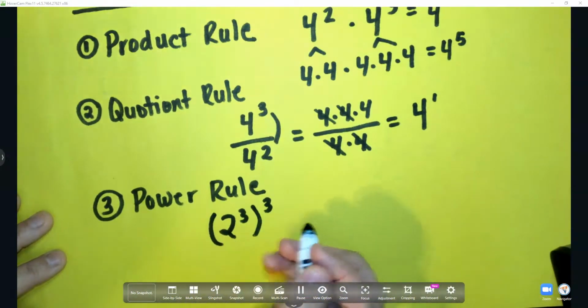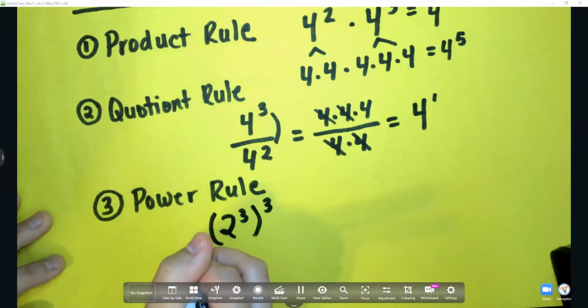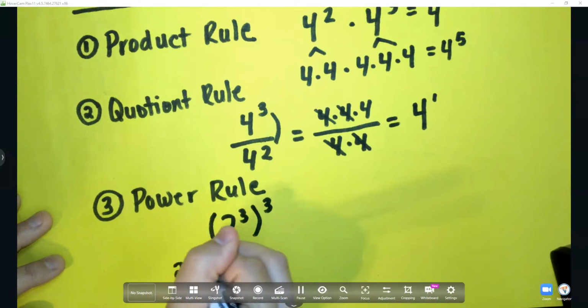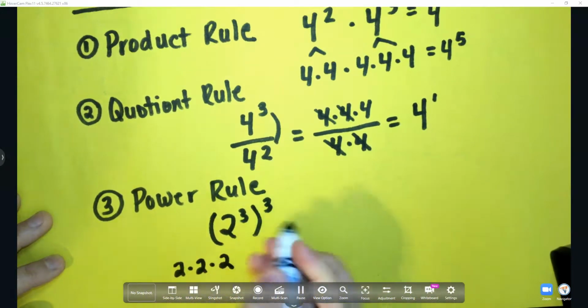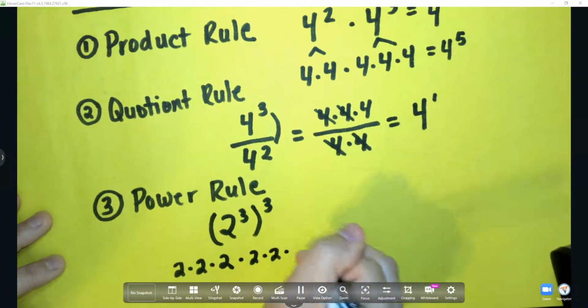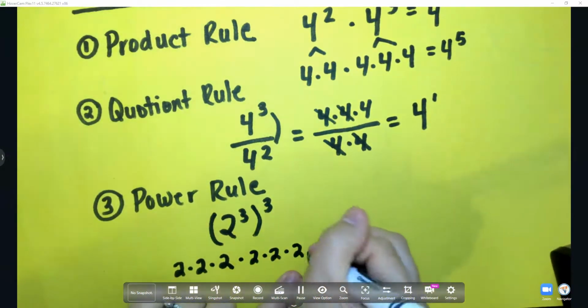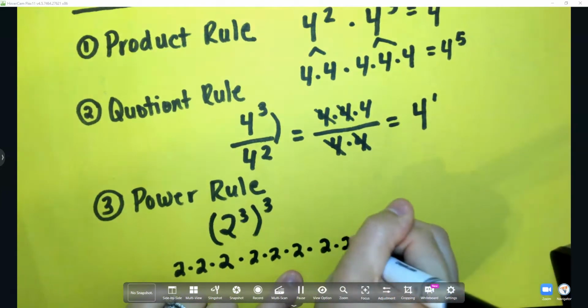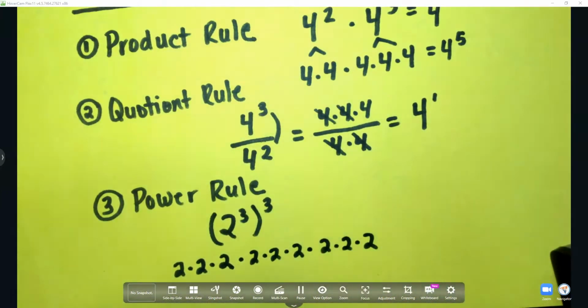What this means is, I'm going to expand it out, it's 2 times 2 times 2, that's one of those, times 2 times 2 times 2 times 2 times 2 times 2. I'm going to grab a different color so that I can highlight what you're looking at here.